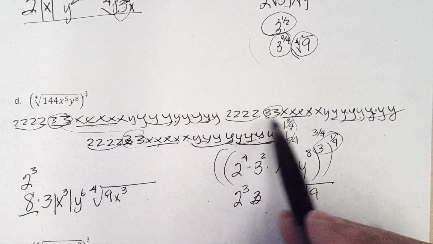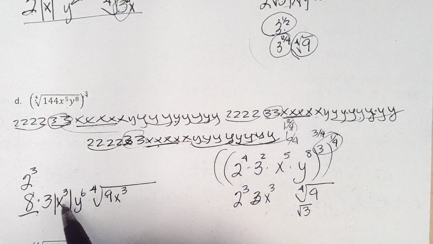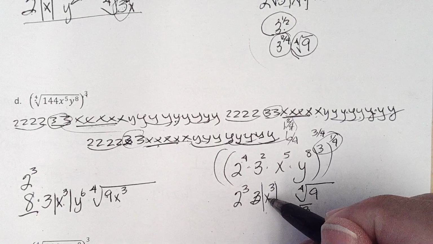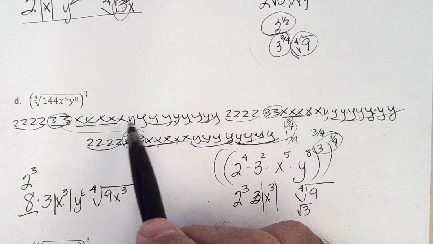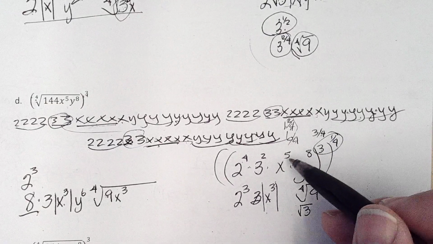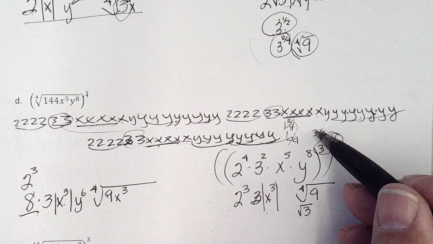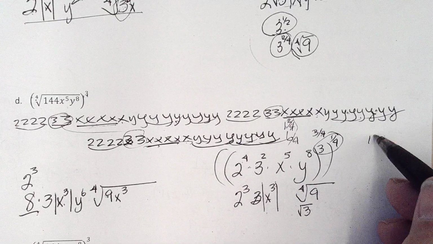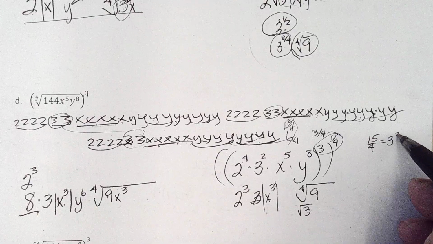X's. 4 of them, 4 of them, and 4 of them, 3 times, so I get x to the 3rd. It's odd coming out of an even root, so it needs to be positive, so I have to put absolute value on it. That leaves 1, 2, 3 x's in, but if I do it this way, 5 times 3/4 is 15/4. 15/4 is 3 3/4.